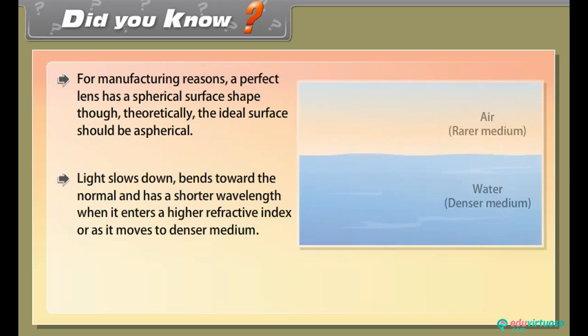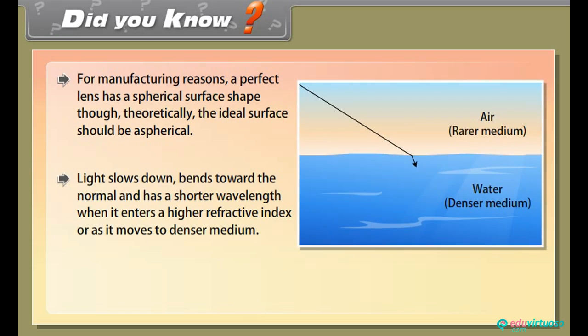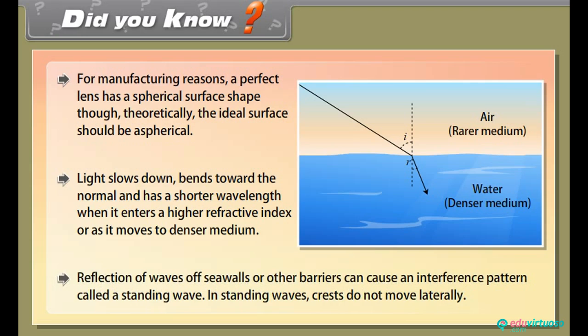Light slows down, bends towards the normal and has a shorter wavelength when it enters a higher refractive index medium, or as it moves to a denser medium. Reflection of waves off sea walls or other barriers can cause an interference pattern called a standing wave. In standing waves, crests do not move laterally.